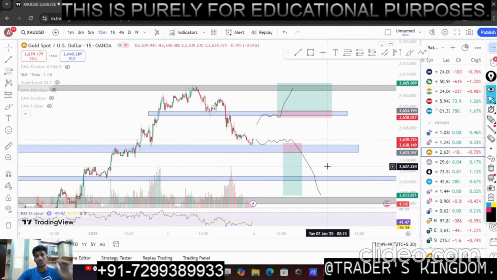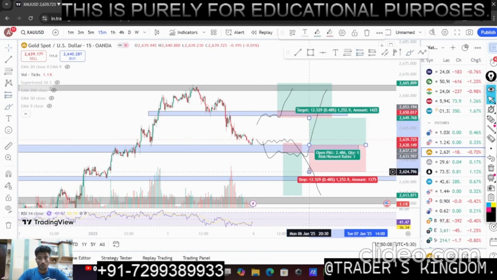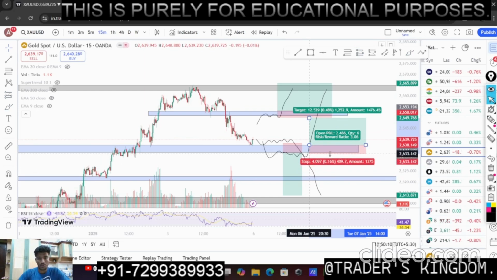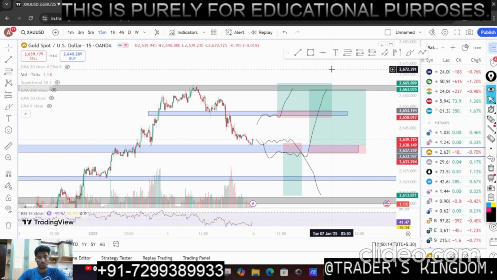And the third and the most expected or the most favorable trade is this. Look at how huge the target is. If only it comes here, then man, think you're blessed. It's a very big trade.